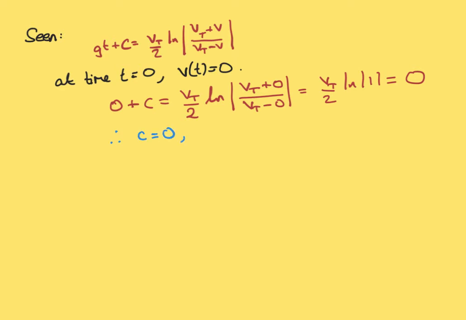So our equation is gt is equal to vt over 2 times the logarithm of the modulus of vt plus v over vt minus v, close modulus.